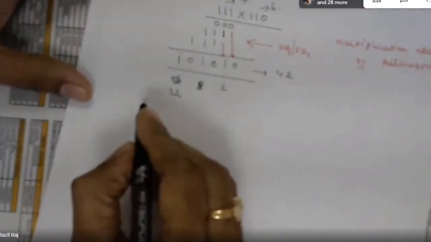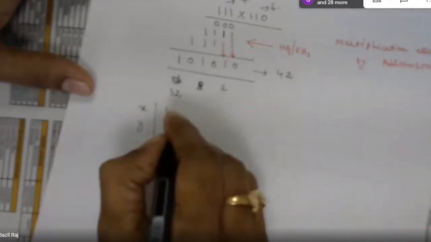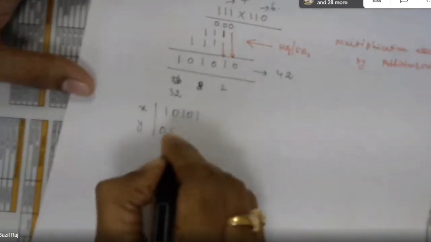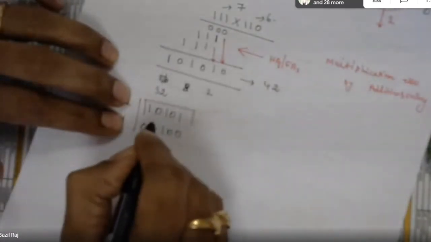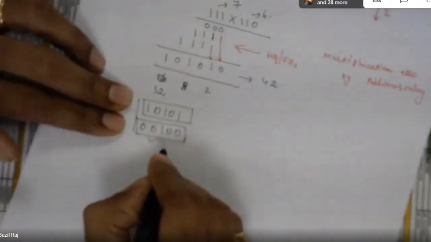See, it is something like this. Suppose X and Y are both signed numbers. It is represented as 1 0 1 0 1 and 0 0 1 0 0. You don't see X and Y now; you see only these numbers. Since you are informed that this is a signed number, you calculate the magnitude only, leaving out the MSB.